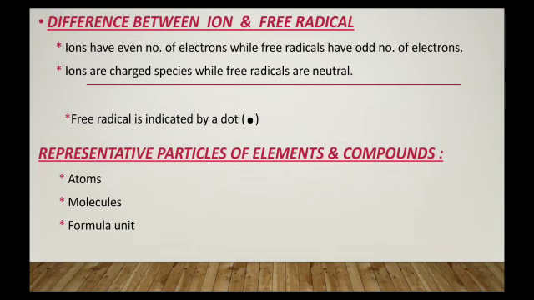Elements are made up of atoms, so the representative particles for elements are atoms, and the representative particles for ionic compounds are formula units. We call one unit of an ionic compound a formula unit, and one unit of a covalent compound a molecule. So the representative particle of a covalent compound is a molecule, and of an ionic compound is a formula unit. We already know their definitions.